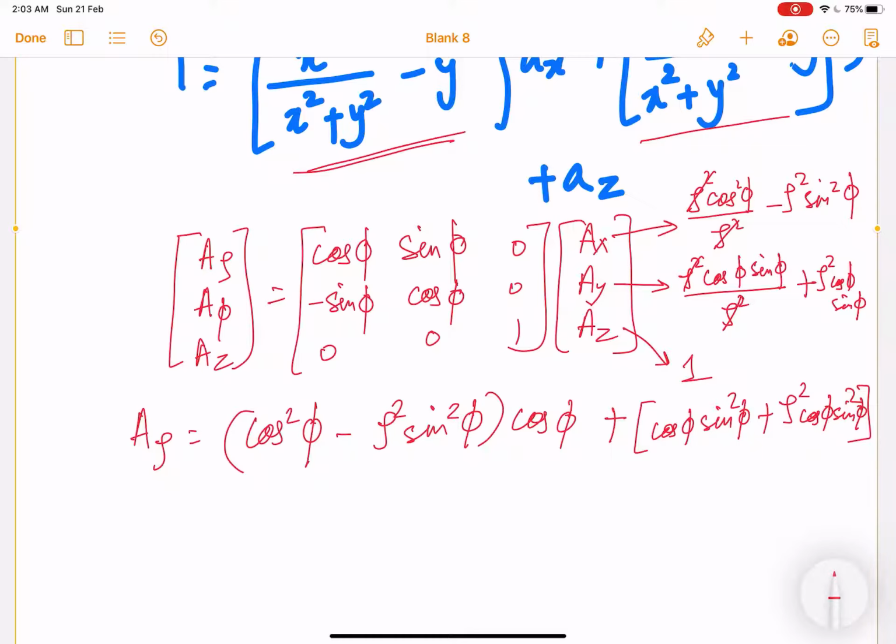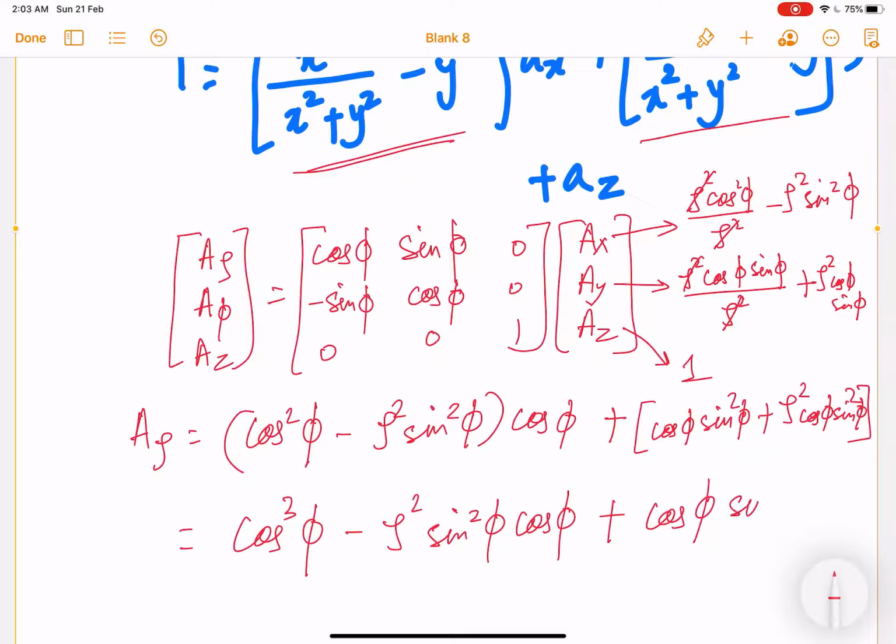Can I take anything common over here? If I take cos common, we get cos cube phi minus rho square sin square phi cos phi, plus cos phi sin square phi plus rho square cos phi sin square phi.